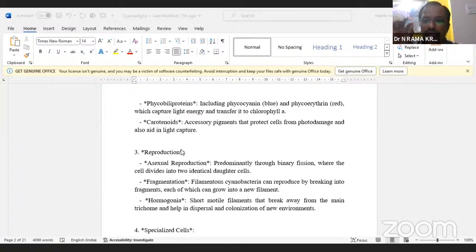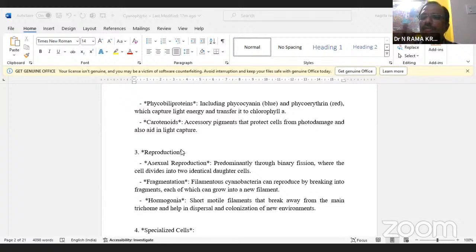So here we are not seeing true protein-lipid membranes, but protein rib-like structures. It is not a true protein membrane, but a protein-like structure. And there is one more special type of structure we see here.